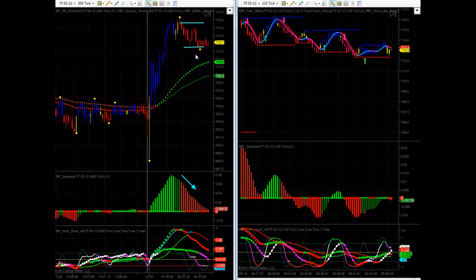It just typically means there's an opportunity for this thing to bounce back up and at least test that swing high. Okay, we are making lower lows. We see the Holy Grail on the 133 signaling some more downward pressure. Okay, we're starting to get here. I'm going to go ahead. Well, let's see.